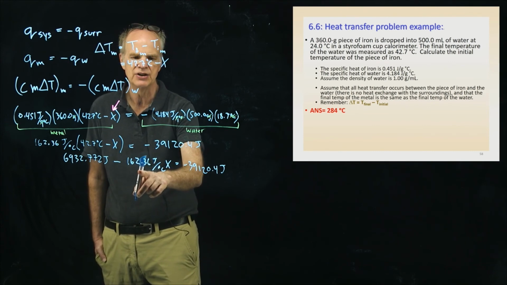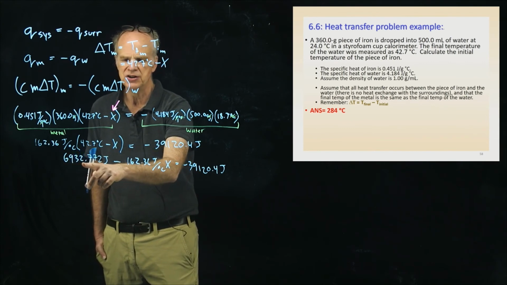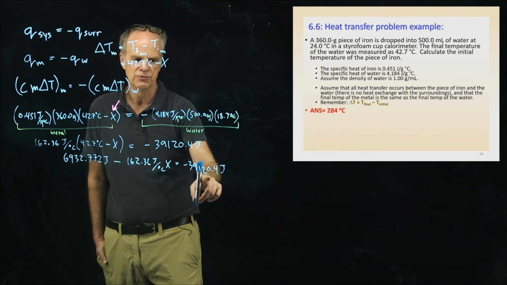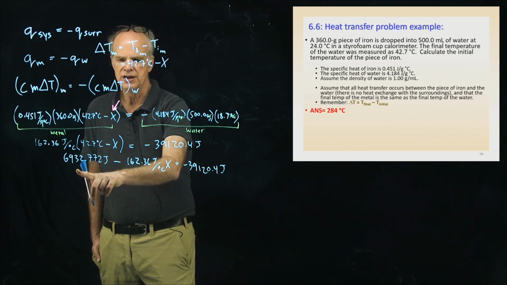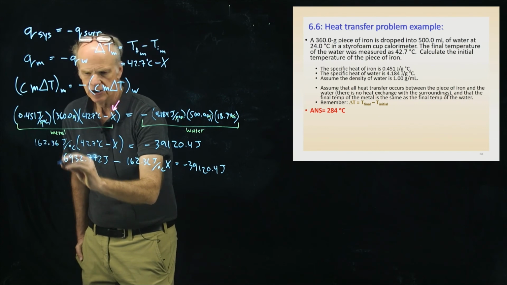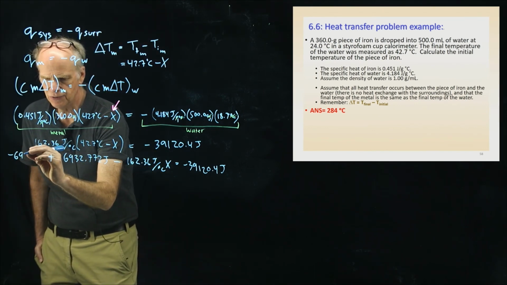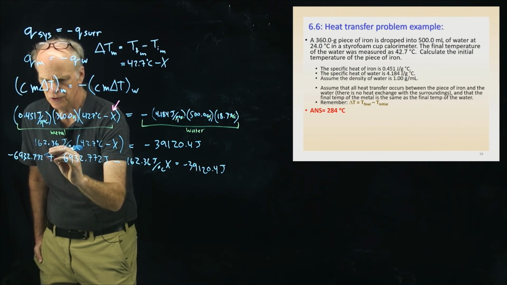Okay, now what I want to next do is have this x by itself. And so we can leave it on the left side of the equation and keep it negative. What that means is that we have to move the 6932.772 joules from the left side of the equation to the right side of the equation. So over here it's positive. So how do we get rid of it? We get rid of it by subtracting that number, negative 6932.772 joules.